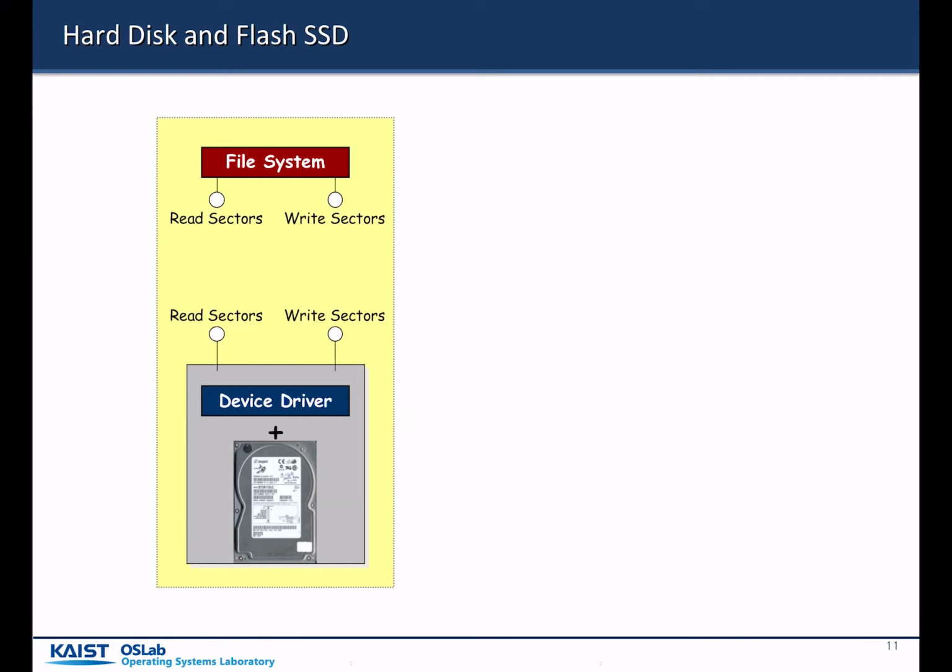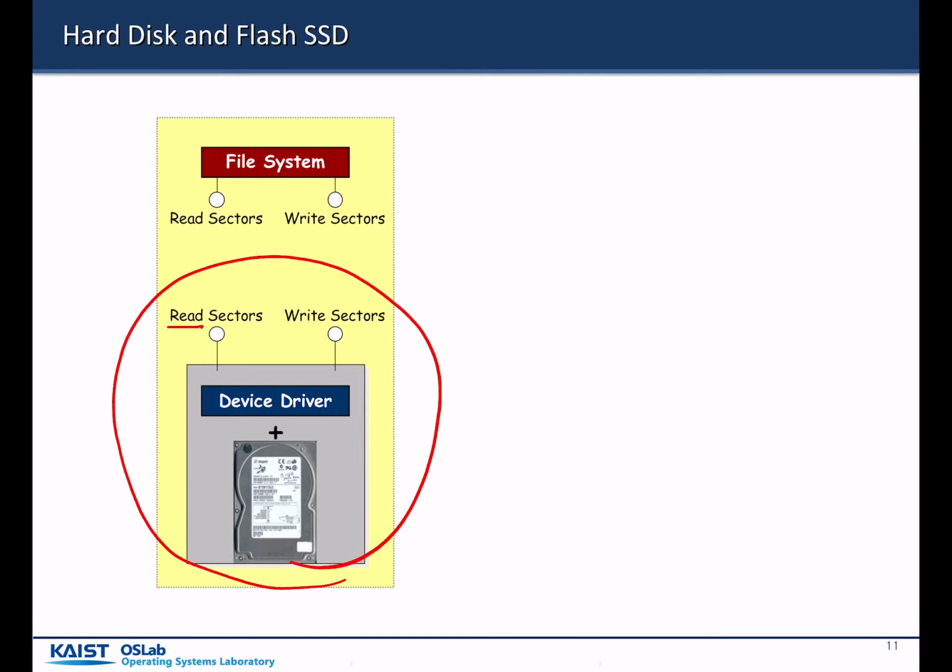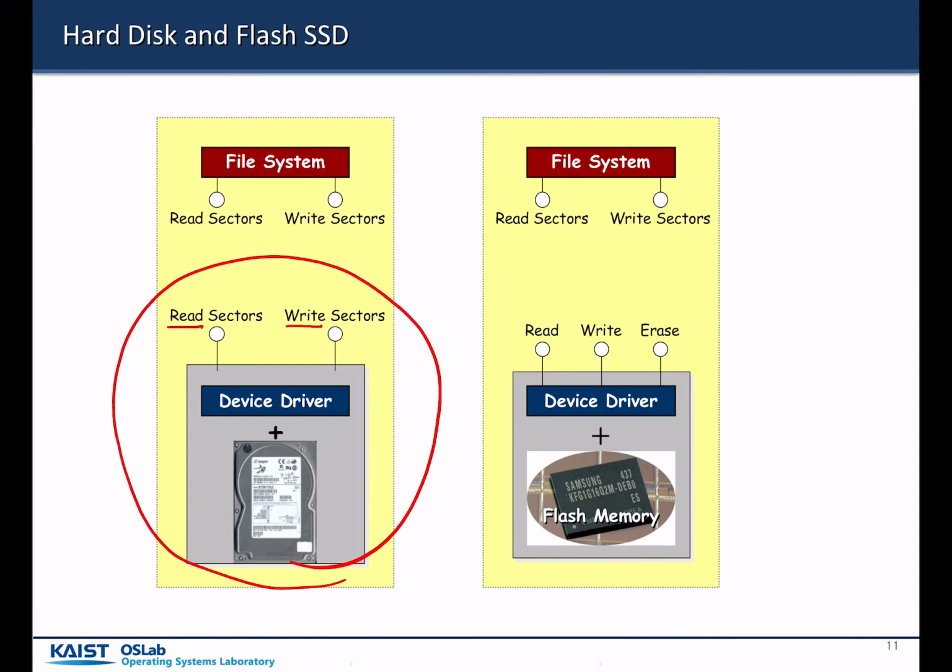In a legacy computer system, the file system is issuing an operation of reading or writing. When the request arrives at the hard disk drive, it accepts the read request and write request and performs the task. But flash memory is slightly different.